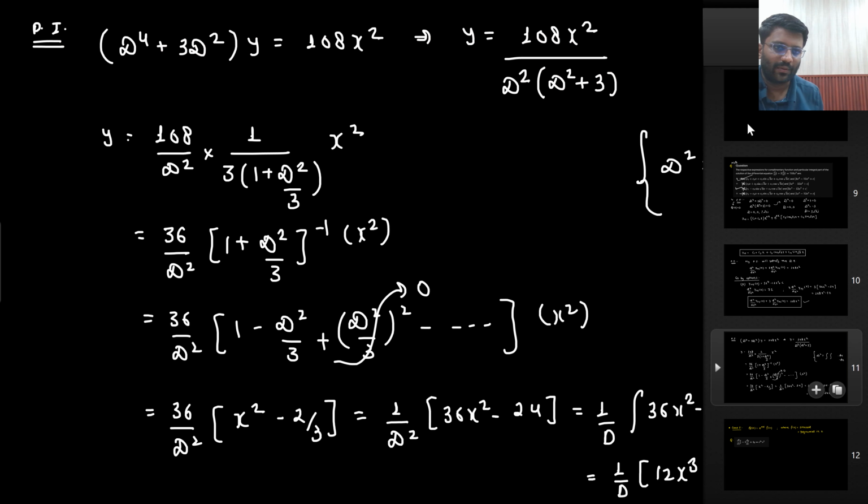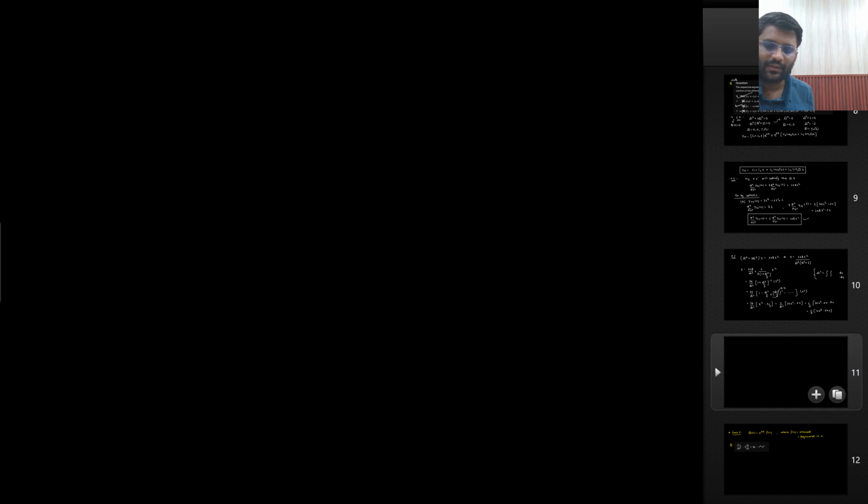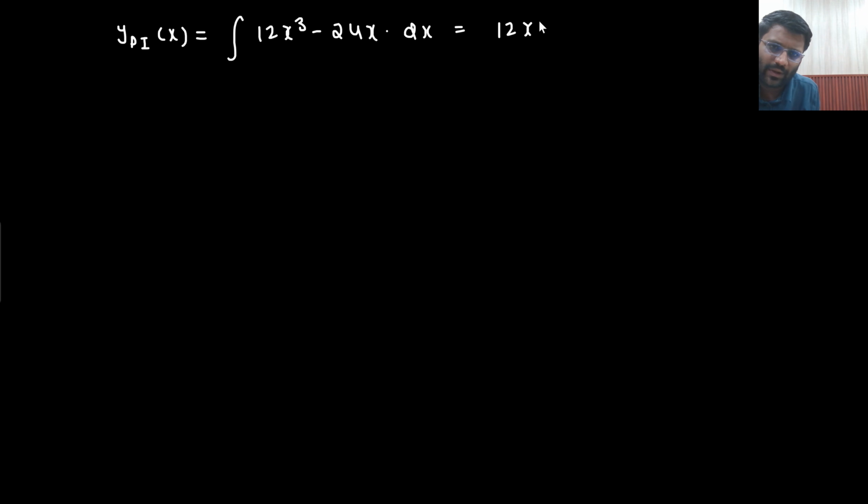So y_PI(x), one more time I need to integrate 12x^3 minus 24x dx. So that will be 12x^4 divided by 4 minus 24x^2 by 2.